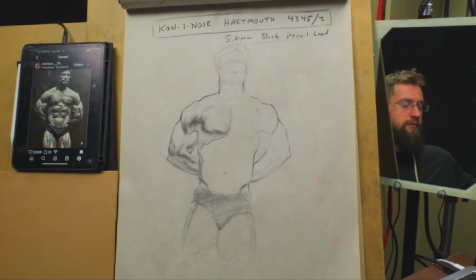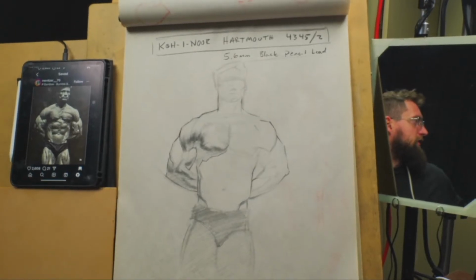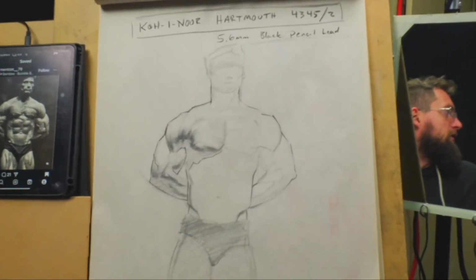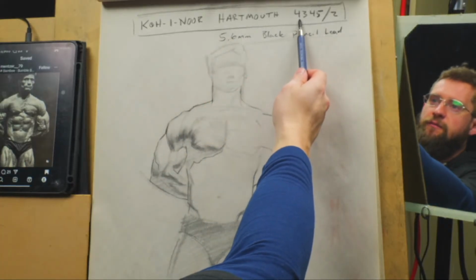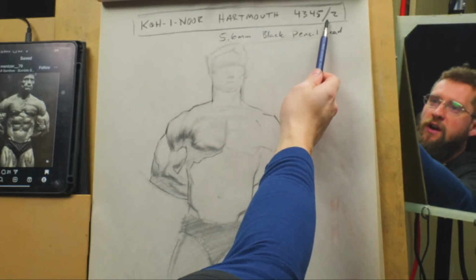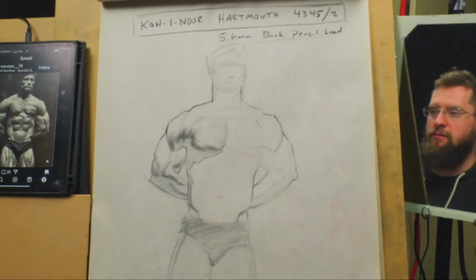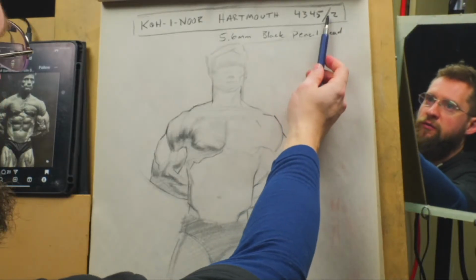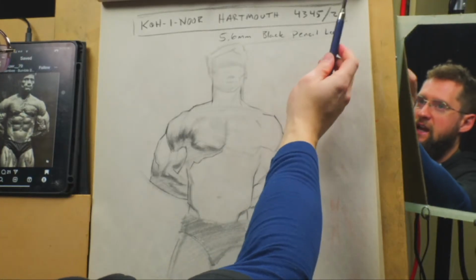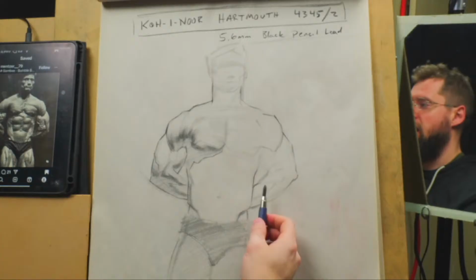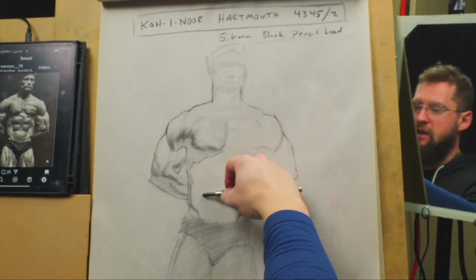And the lead in the mechanical pencil is this Keo Noir Hartmouth 4345-2, which is a medium. There's a 4345-1, which is soft, and a 4345-3, which is hard. And this medium is nice.